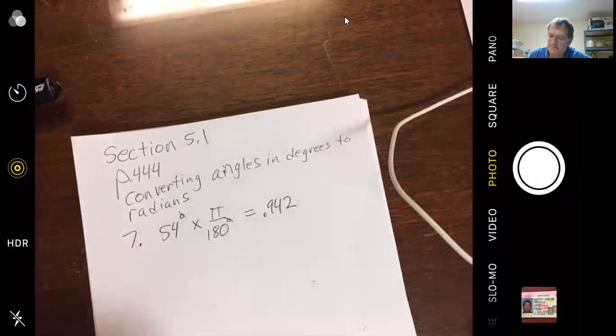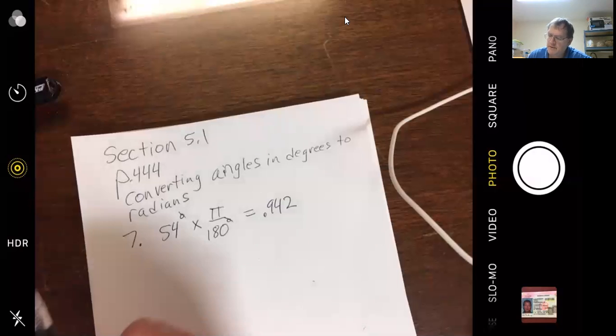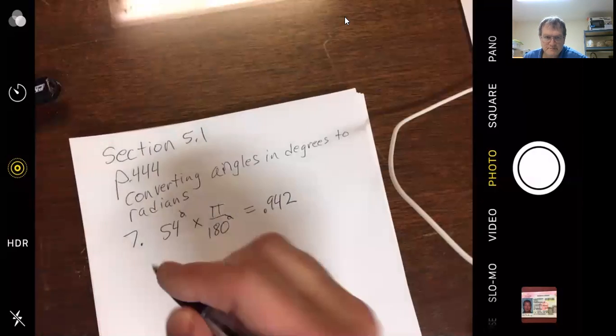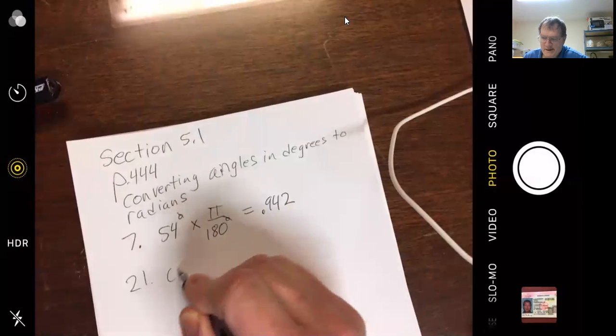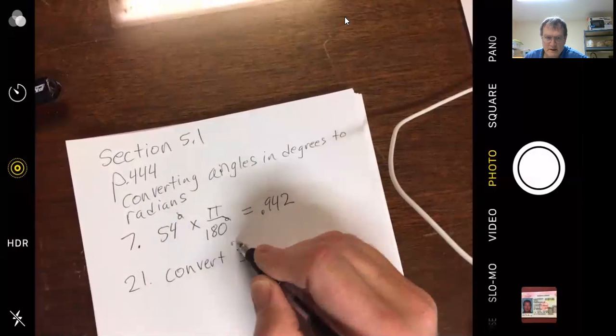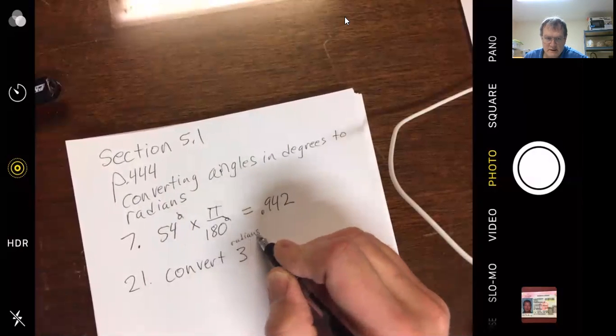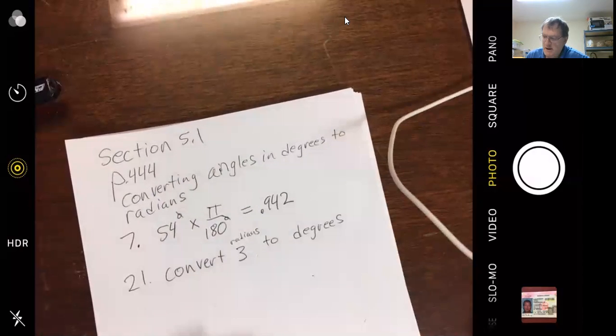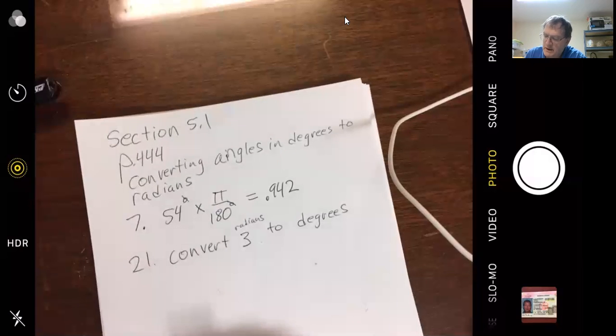section, let's try 21. Convert 3, and this would be in radians, to degrees. So we take 3 and multiply by 180 degrees divided by pi.